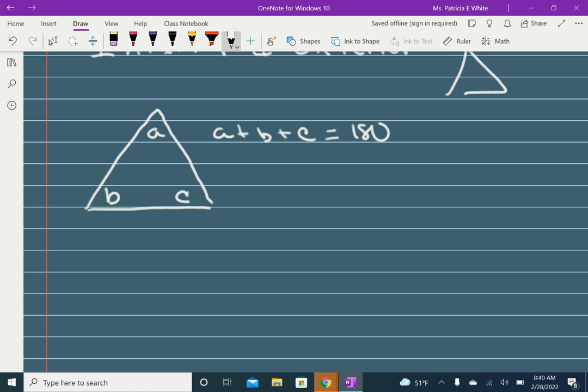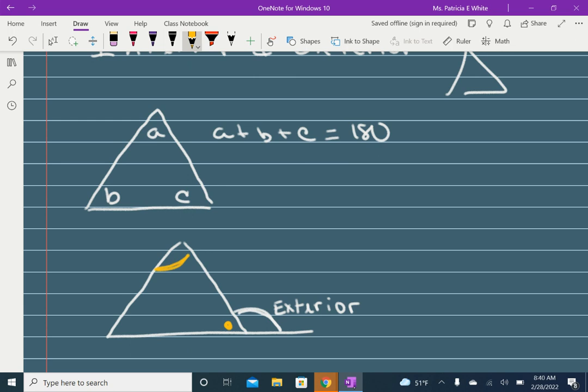More of your problems on this assignment today are going to be the opposite interior. If this is outside, then that is my exterior angle. I'm not going to mess with this angle here because it is adjacent. My opposite interior angles are over on this side.